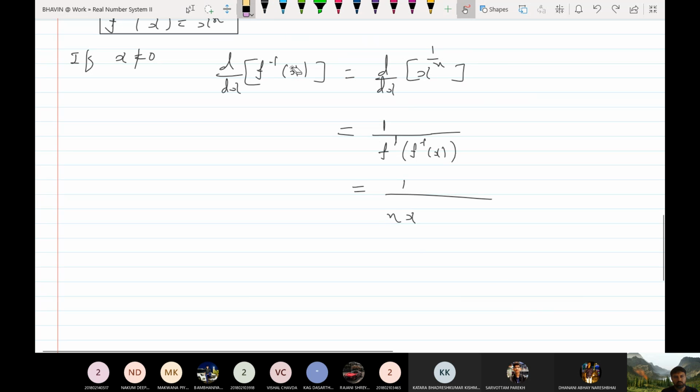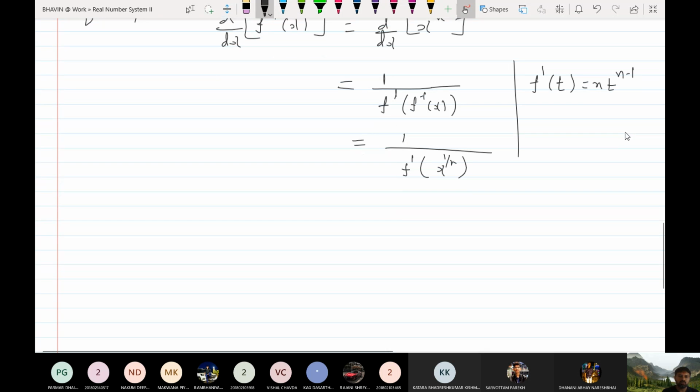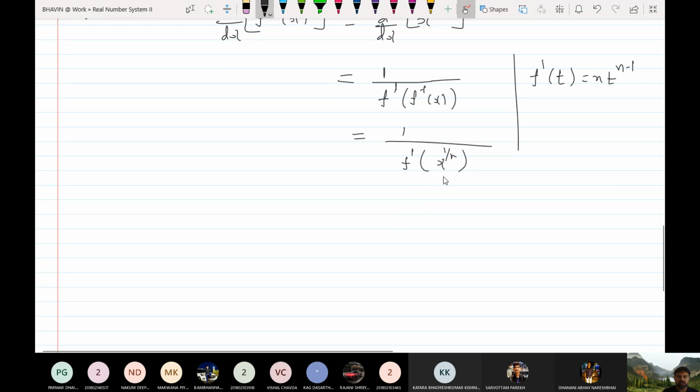Let me write one more step so that we will get a clear idea. F dash at which point? F inverse x is nothing but x raised to 1 upon n. Now what is f dash at t? Can somebody tell me? n t raised to n minus 1. Let me say this to be t.